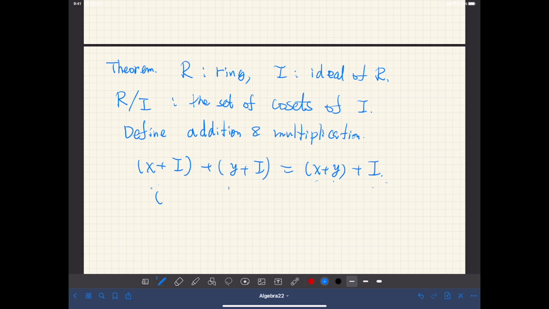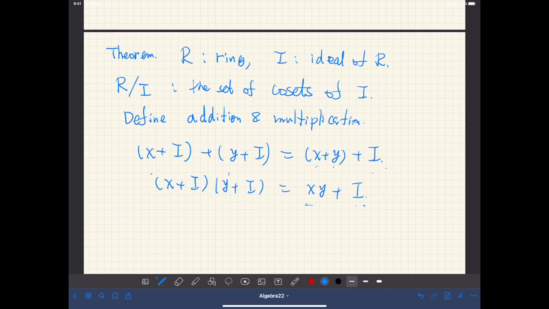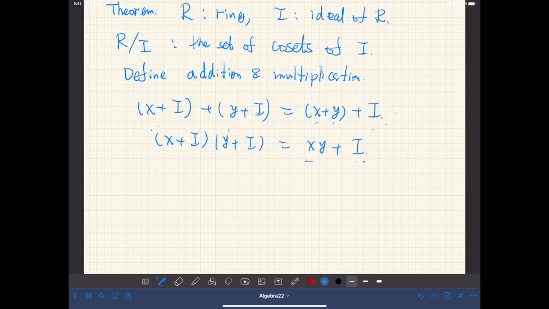And also we define multiplication, x plus I times y plus I, by xy plus I. So this is another coset. So let's define these, and then these operations are well defined.